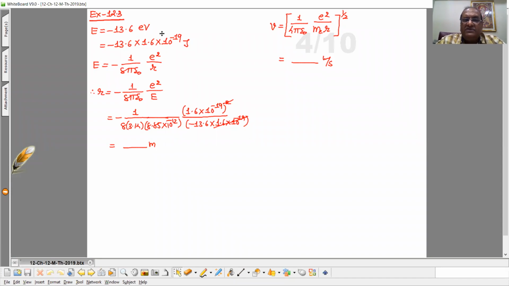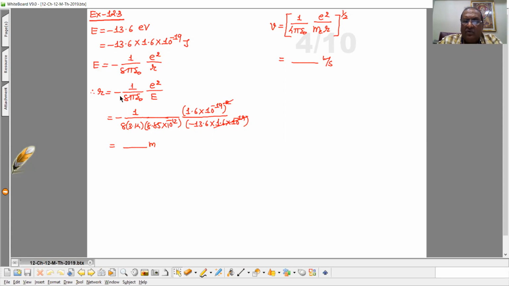So the energy of the electron is minus 13.6 electron volt, that is minus 13.6 into 1.6 into 10 raised to minus 19 joule. Now we have the equation of energy, E equals minus 1 upon 8 pi epsilon 0 e square by r. Take r on the left hand side, E on the right hand side.